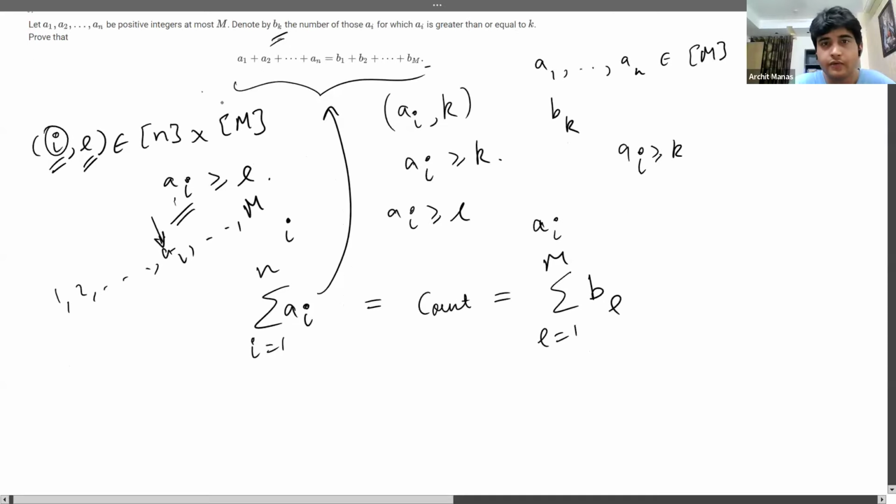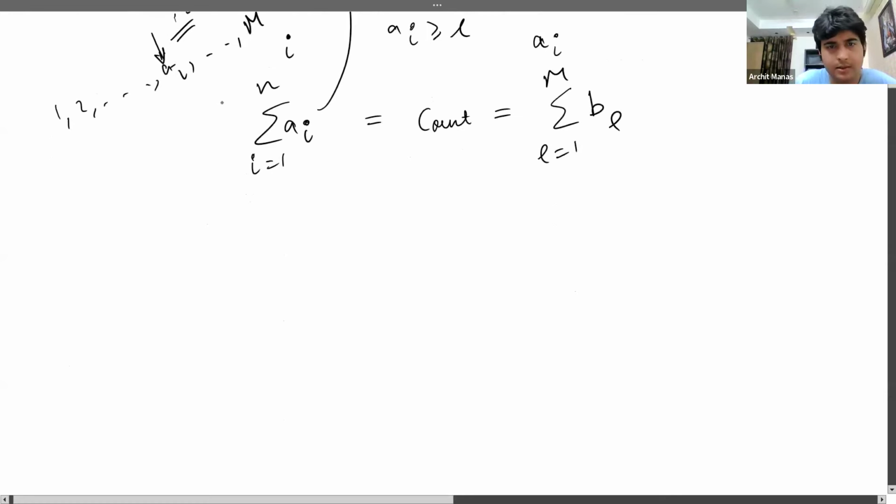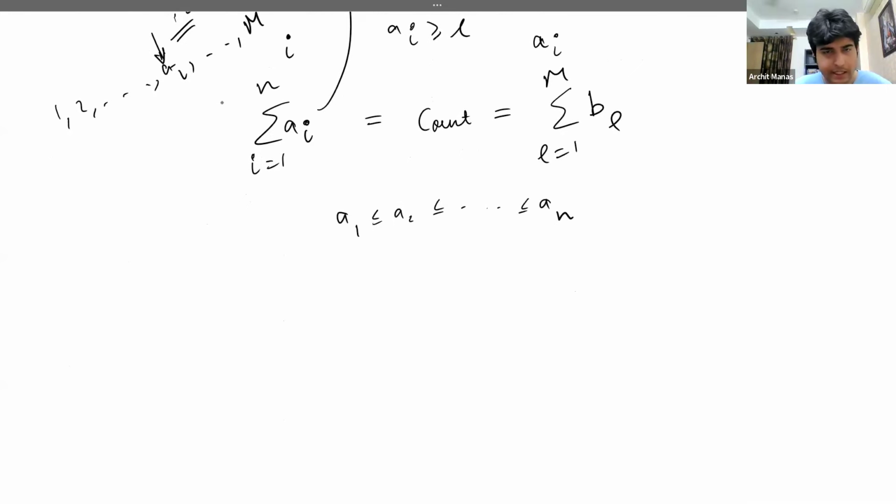Right. So, okay, now there's a pictorial way of seeing this as well. Now, imagine you order them to be weakly decreasing, and then plot these in a histogram.